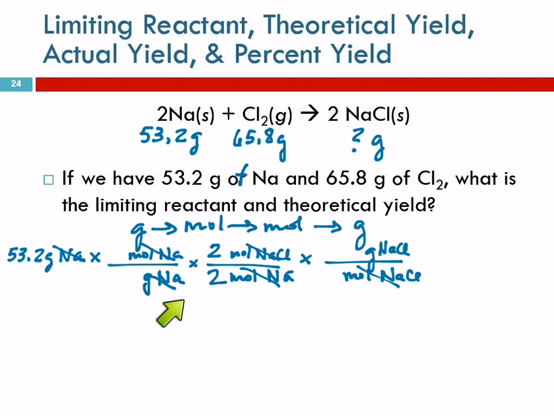The first term and the last term are molar masses, and we need the periodic table. So we find sodium on the periodic table, and it says 22.99. And then this is a compound, and so we need the molar mass for that. I'm going to sneak it up here in the corner. We've got sodium. There's one sodium in there, and there's one chlorine.